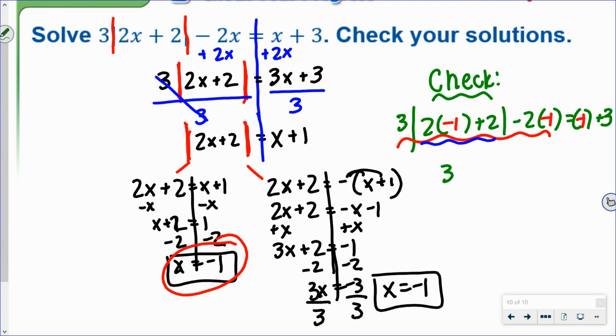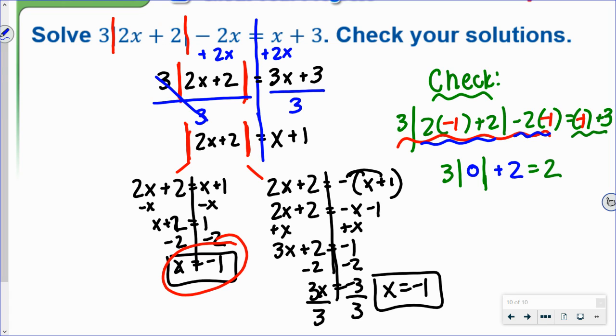We have 2 times -1, which is -2, plus 2, which is 0. Here I have -2 times -1, which is +2. And then over here I have -1 plus 3, which is 2.